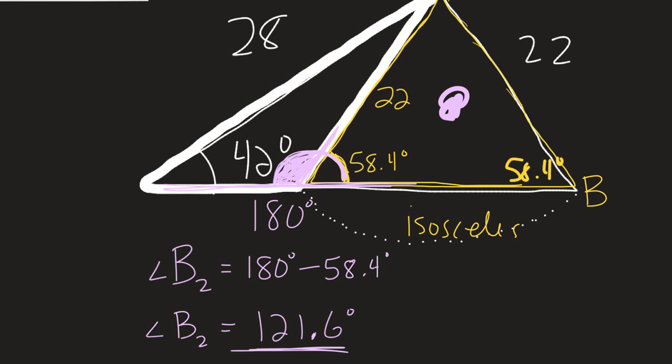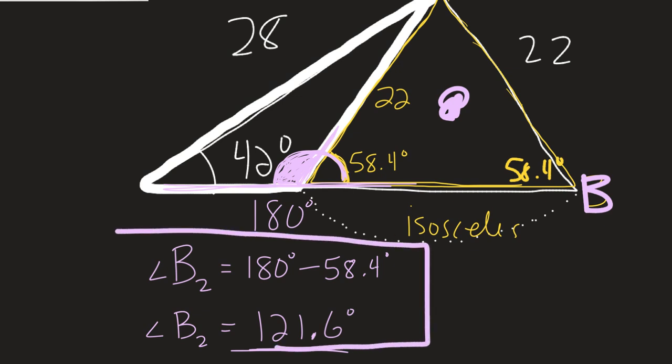So you subtract the angle that you calculated a minute ago, angle B, from 180. This is the key to doing your second triangle: your second angle B is 180 degrees minus the first one that you calculated.